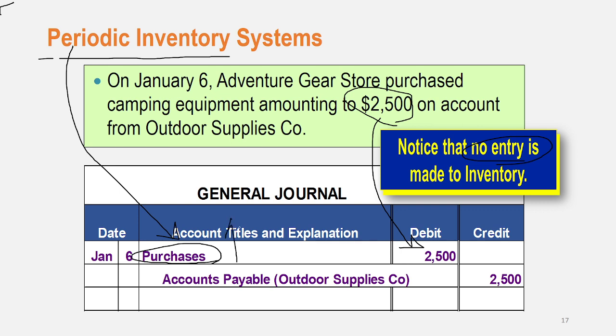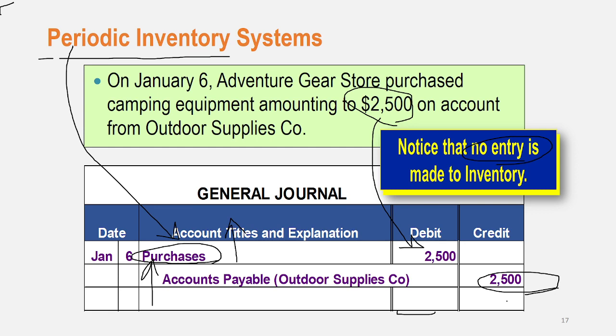Purchases increase, and we treat purchases like a cost, so it is debited by 2,500. Also, accounts payable increases, because accounts payable shows the liability of a business, it belongs to liabilities, and an increase in liabilities accounts, which accounts payable is included in, is a 2,500 credit in this case under the periodic system.